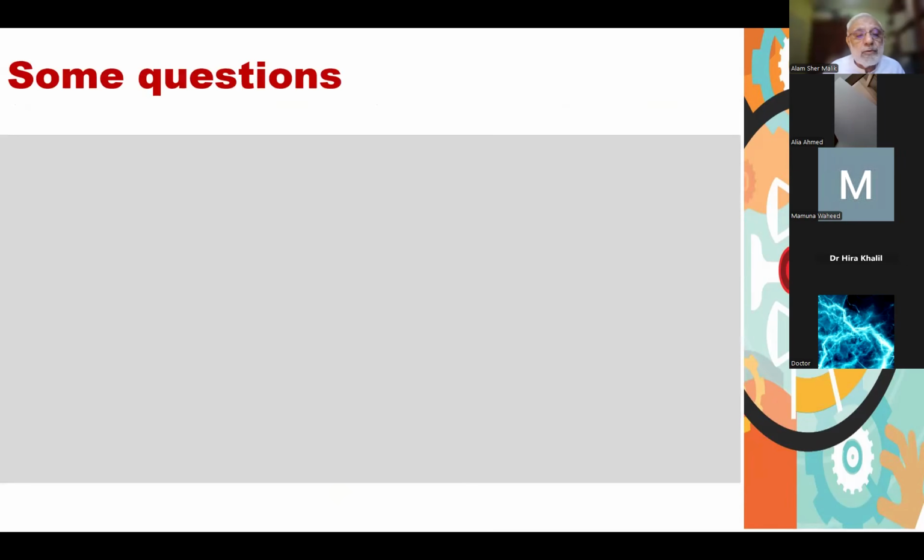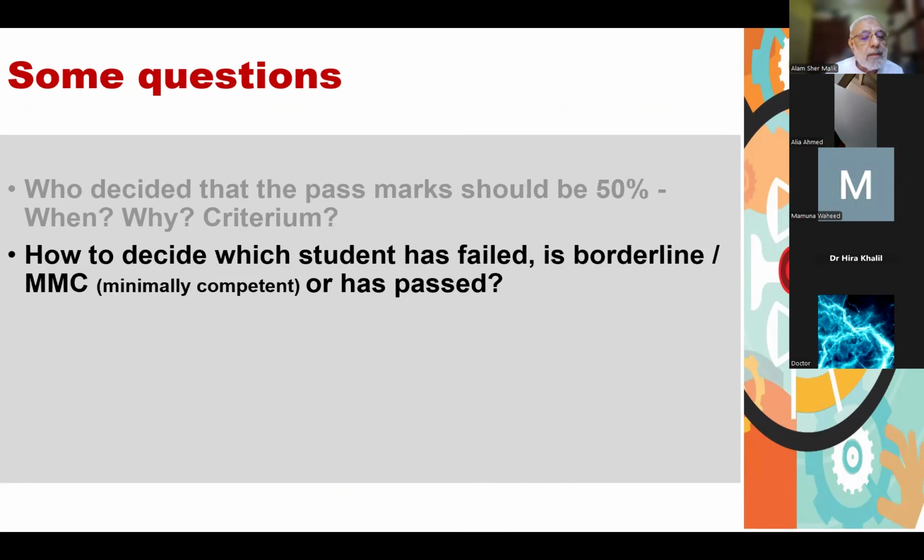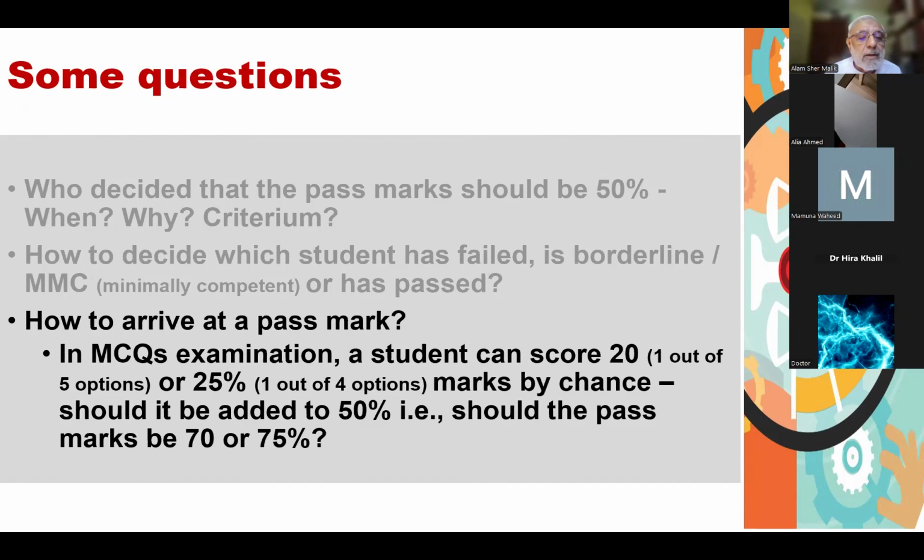There are some other questions which we may ask ourselves. Who decided that the pass mark should be 50%? When was it decided? Why was it decided? What was the criteria used? How to decide which student has failed, is borderline, or is minimally competent, or has passed?